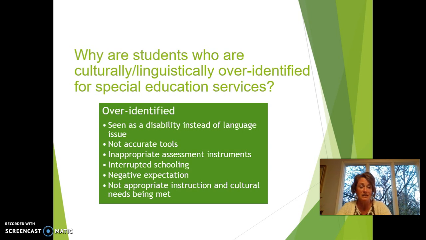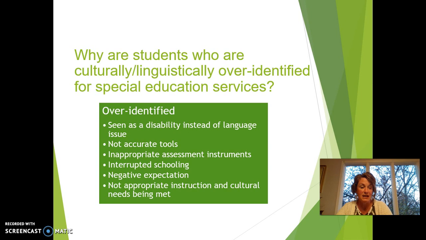Sometimes just the negative expectation of these students can lead people to over-identify them for special ed. So it's important to look at each student. It doesn't matter where they come from. You need to believe that they are able and expect them to do well. And the other one is that appropriate instruction and cultural needs are not being met for these students.